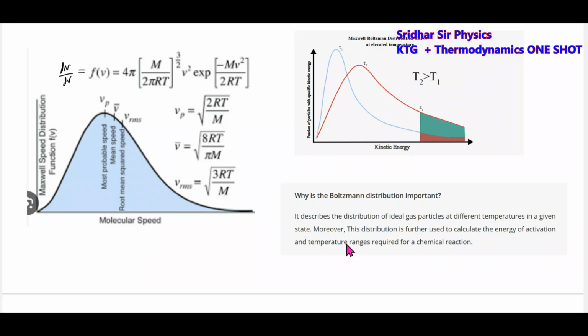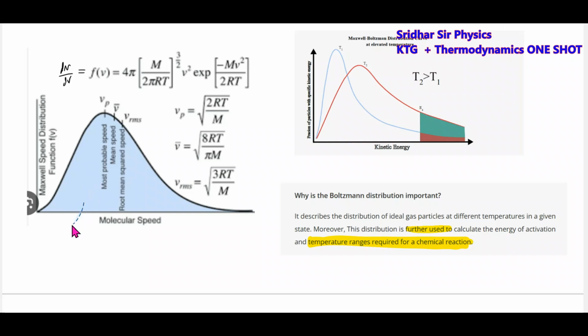This idea is very important, to know at what temperature the chemical reaction will take place. As we increase the temperature, definitely the RMS speed will increase, so the most probable speed will increase. So the peak will decrease here and more energy will be present inside this.